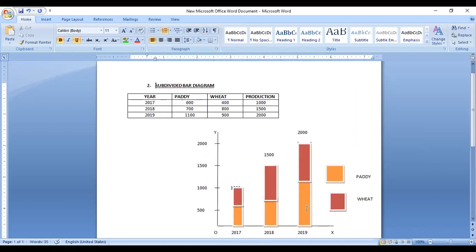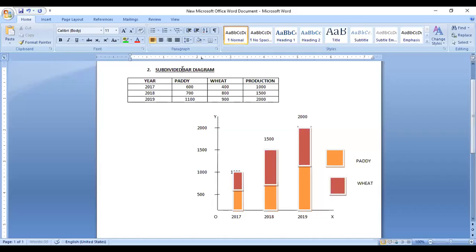I hope you understood. If colors are not available, you can use dots, lines, or any symbols to distinguish various divisions, various units.